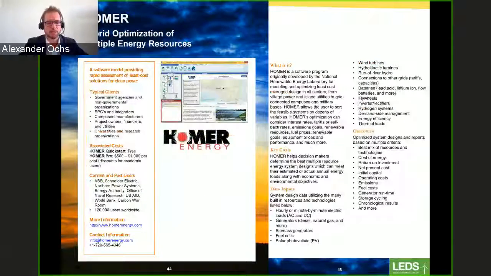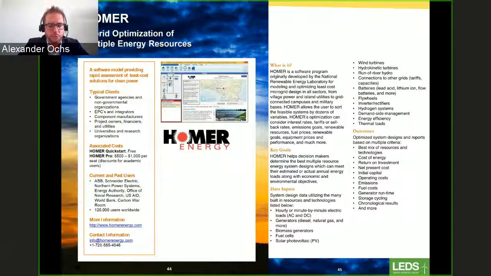This next tool is a very prominent one that has been used across 193 countries in the world, so almost every country in the world. Homer is a simulation and optimization model which allows decision makers to determine the best multiple resource energy system designs.